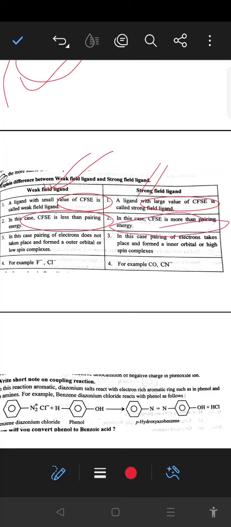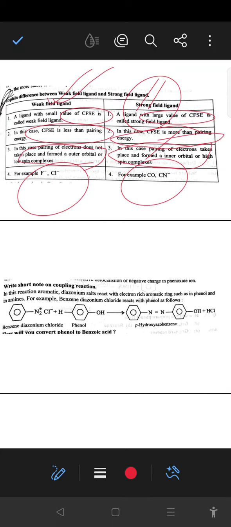In case of weak field ligand, pairing of electrons does not take place and it forms an outer orbital or high spin complex. In case of strong field ligand, pairing of electrons takes place and it forms an inner orbital or low spin complex. Examples of weak field ligands are F negative and Cl negative. Examples of strong field ligands are CO and CN negative.